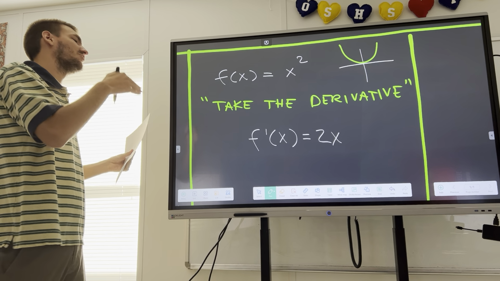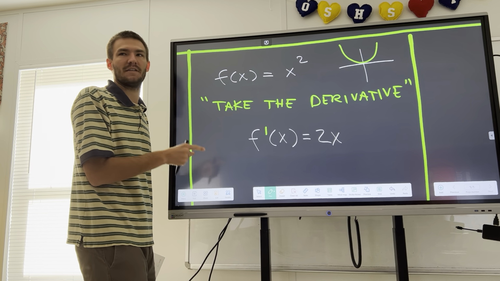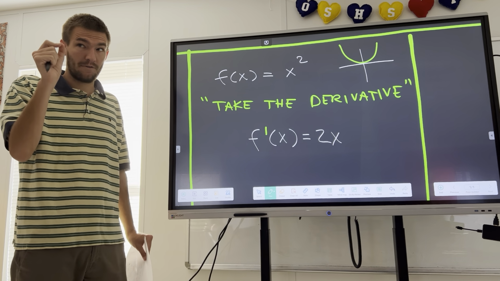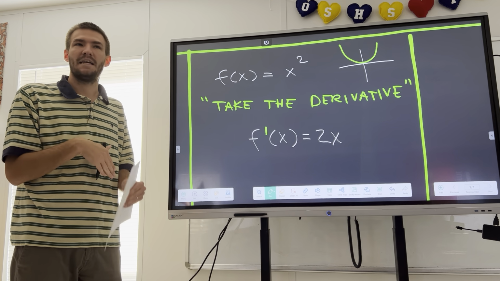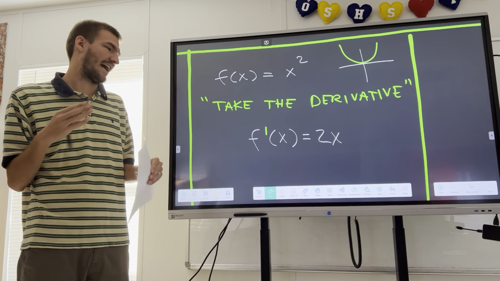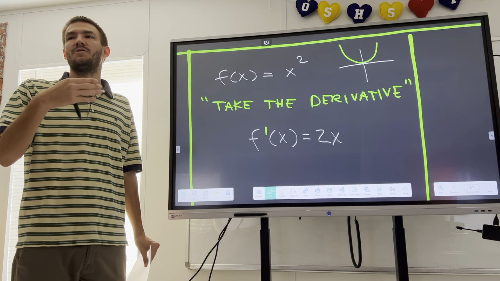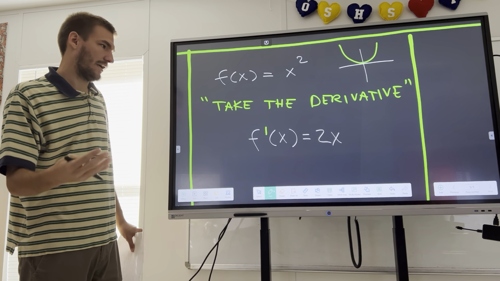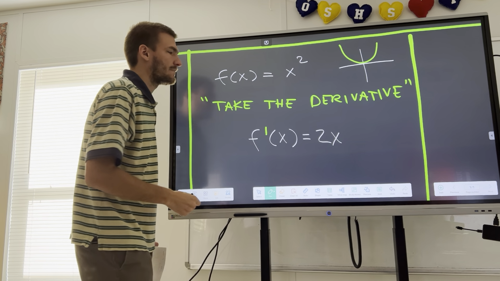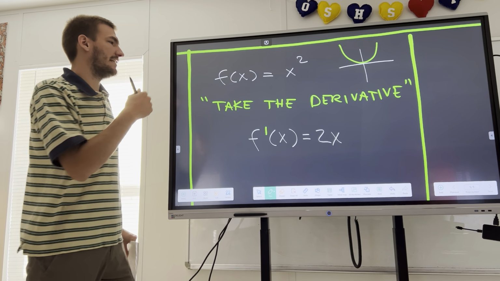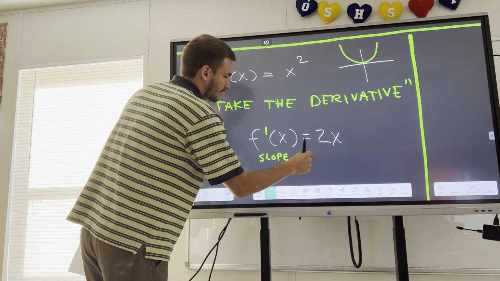And so the derivative is dealing with this little hash mark, this little apostrophe. It's very importantly after the f, but before the parentheses. If you put it anywhere else, it's just silly. It has to go in that position. And that just denotes that we've gone to the derivative of the function. Okay? This is our derivative, and we'll talk about where that came from in just a second. What the derivative does is the derivative is the slope finder.